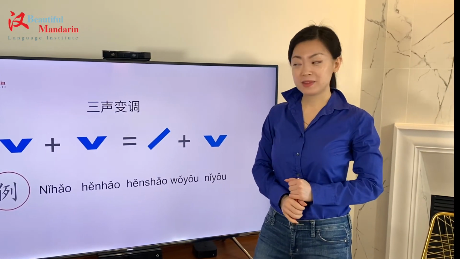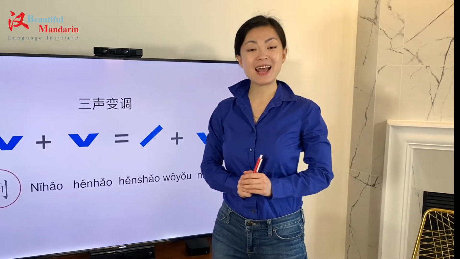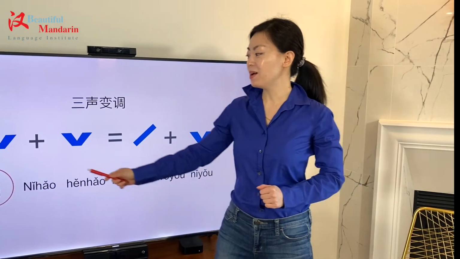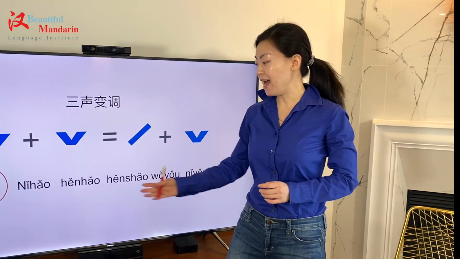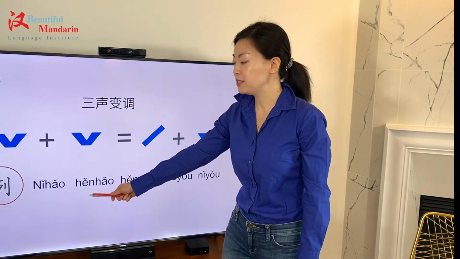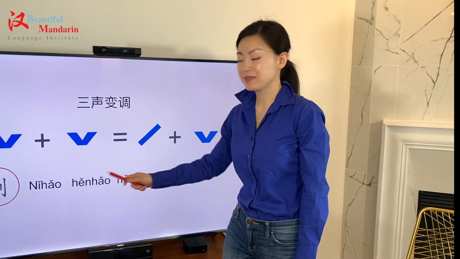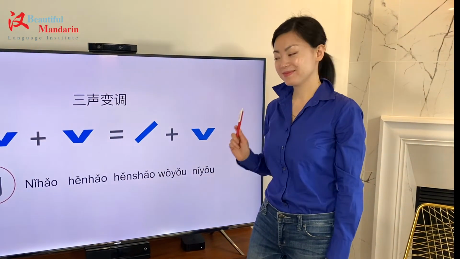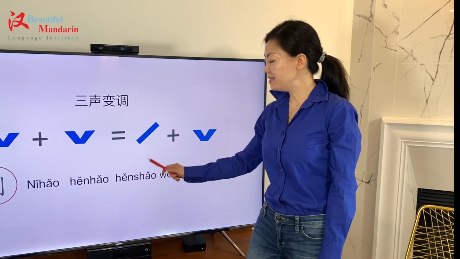Remember this rule. Third tone plus third tone. The first one, we read it as second tone. So, Ni hao. Now let's practice with other examples. I'm not going to say 很好. I will say 很好, 很好. And for this one, 很少, 很少.